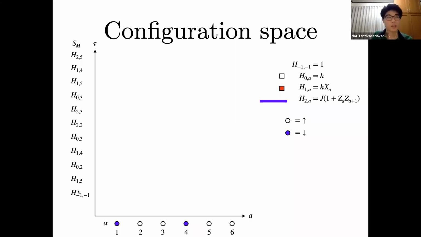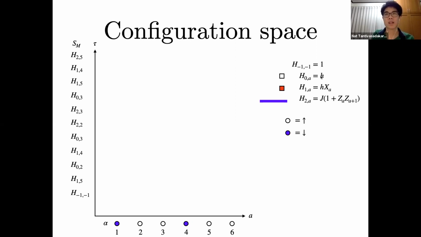So my operator string is just a string of the different terms in the Hamiltonian that I can insert. If it's the identity, I've labeled this as -1, -1. This is just for the purpose of implementation on a computer, so you don't need to care about the notation. And there are 3 operators I can insert.